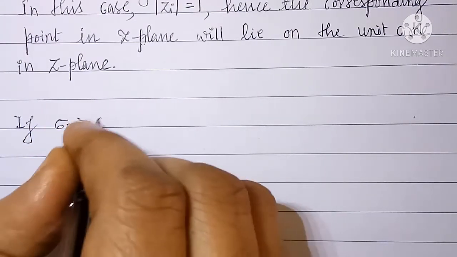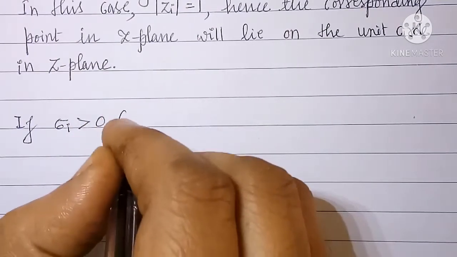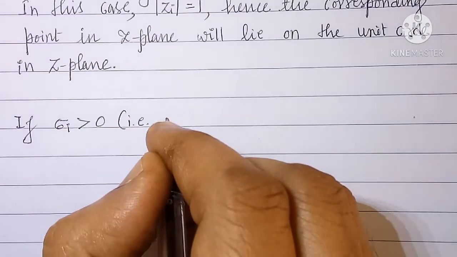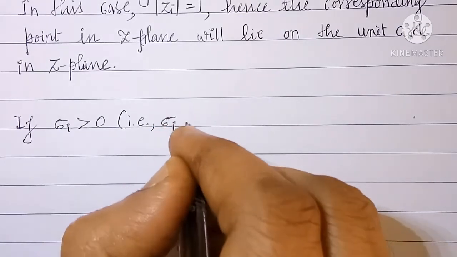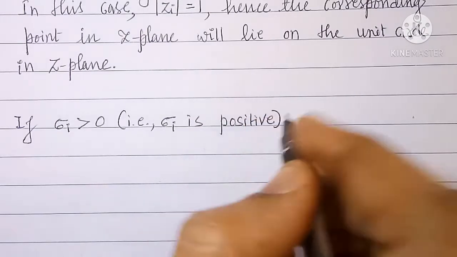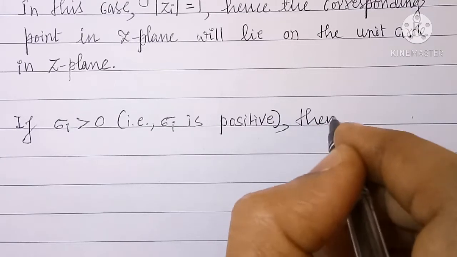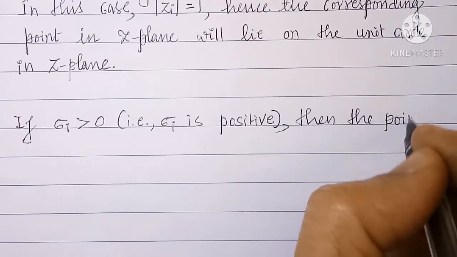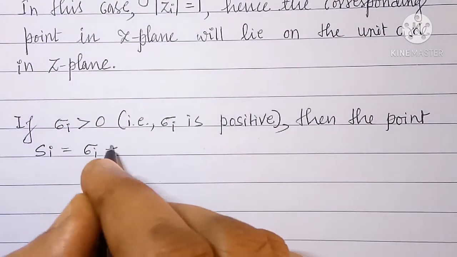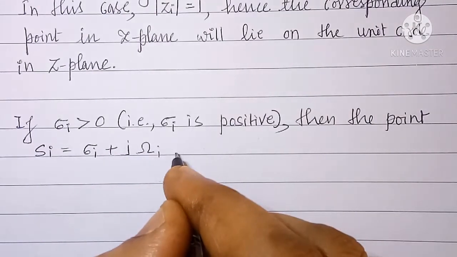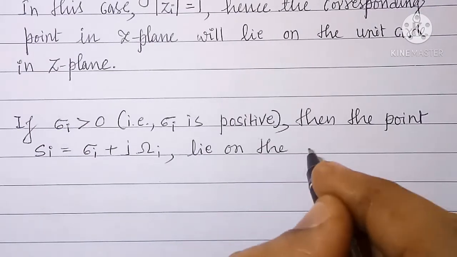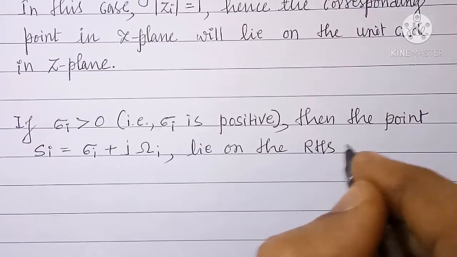If sigma I is greater than 0, that is, sigma I is positive, then the point Si equal to sigma I plus j omega I lie on the RHS of S plane.